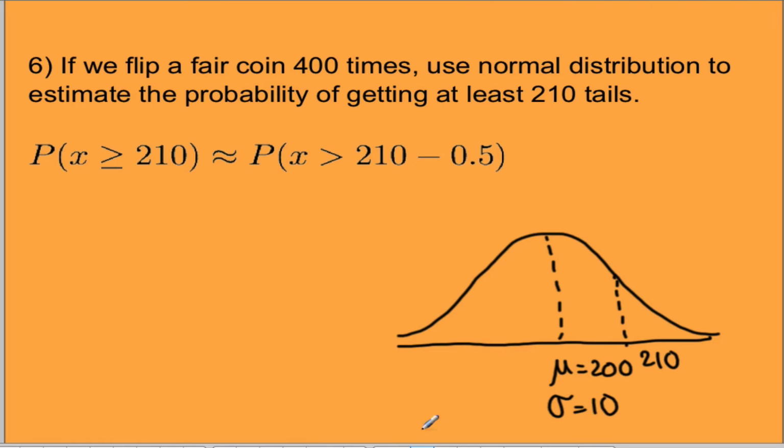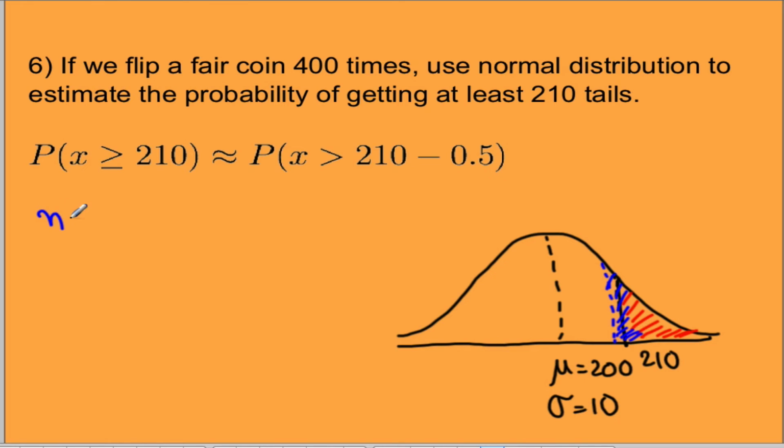We want to shade to the right. 210 must be included, of course. In order to include the 210, we're going to go half a unit to the left. So now 210 is in the shaded region.